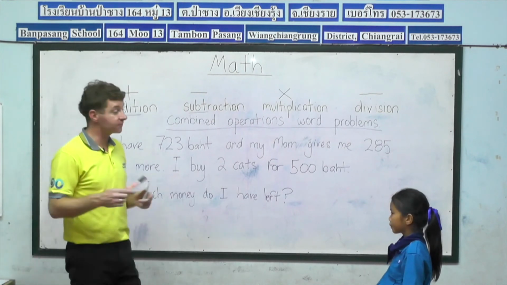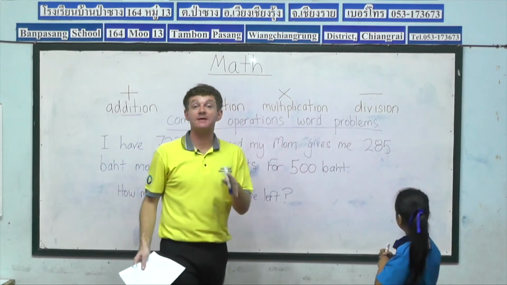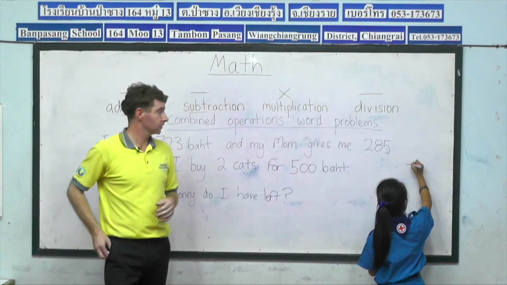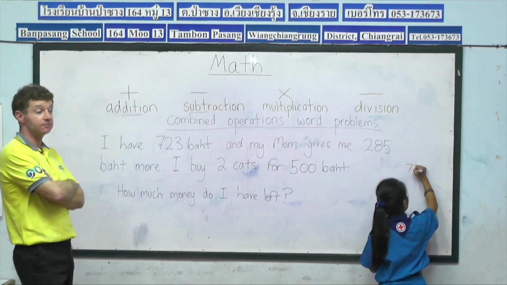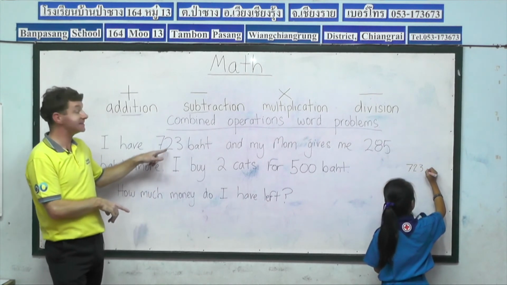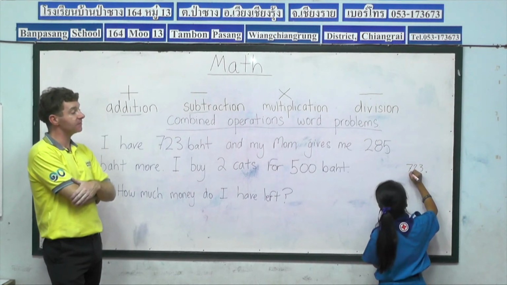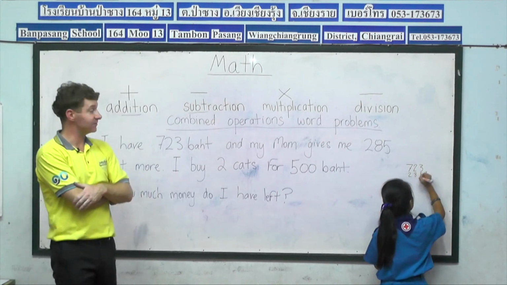Well, let's find out, because Prel, it's over to you. So Prel will now demonstrate how to answer her combined operation word problem. First of all, we need to identify the numbers for calculation. As Prel has rightly written, the first number is 723. And then we need to add another number, 285.